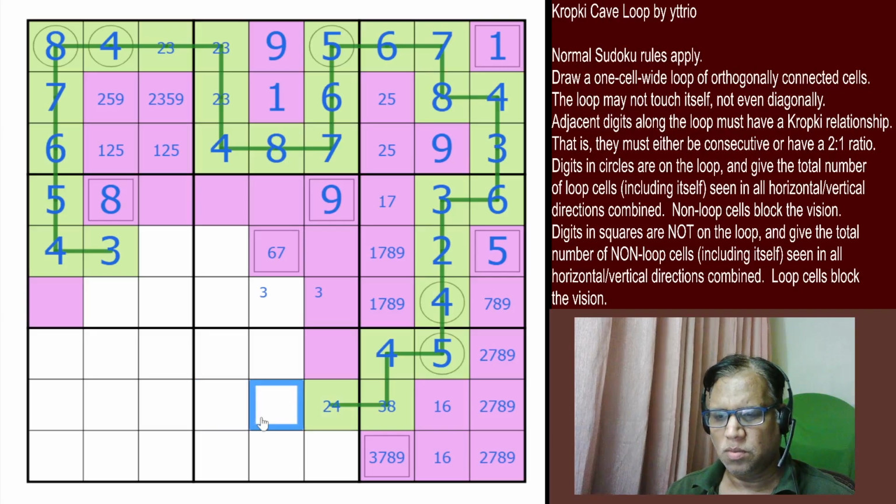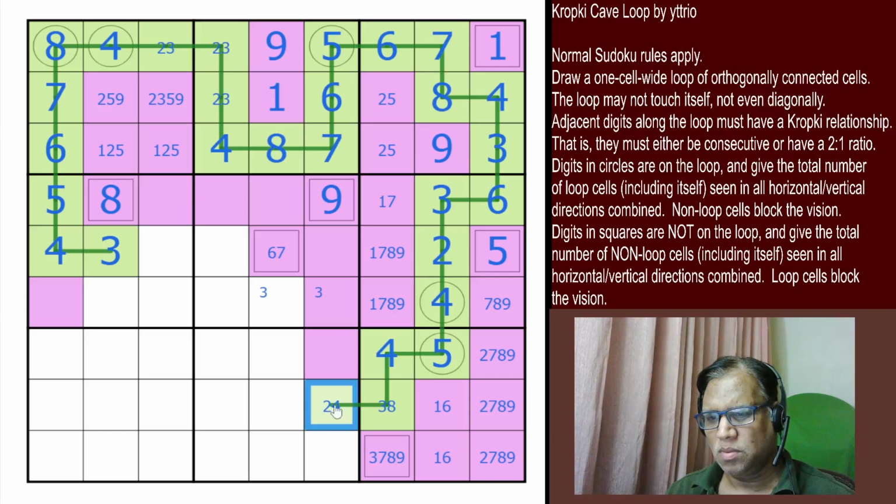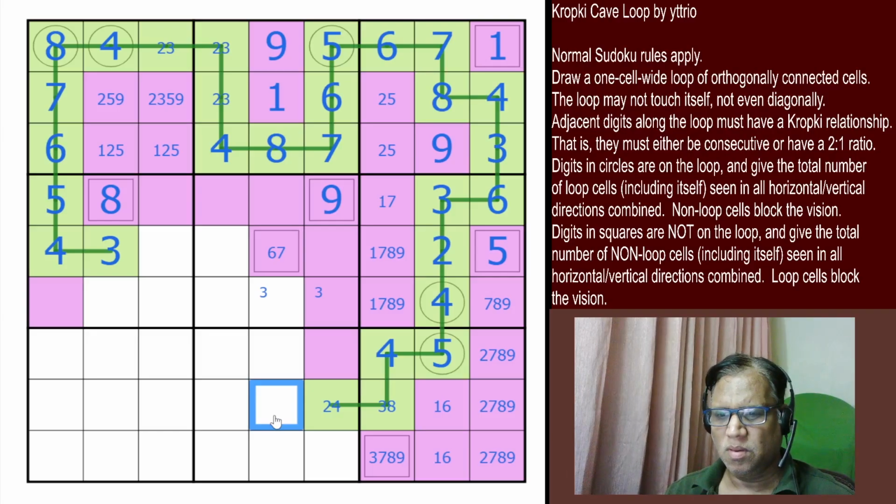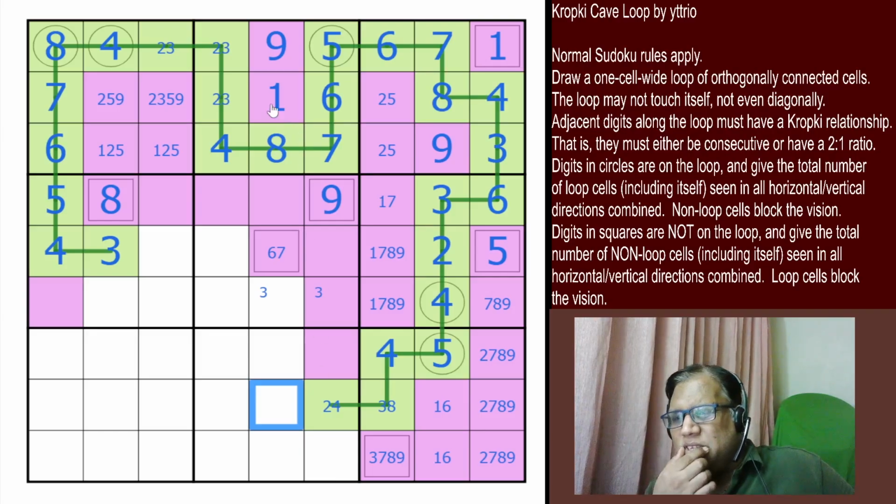After 2, if that's 4, right? If that's 2, this could be 4. It cannot be 1. It could still be 3. Something I'm missing. 5.